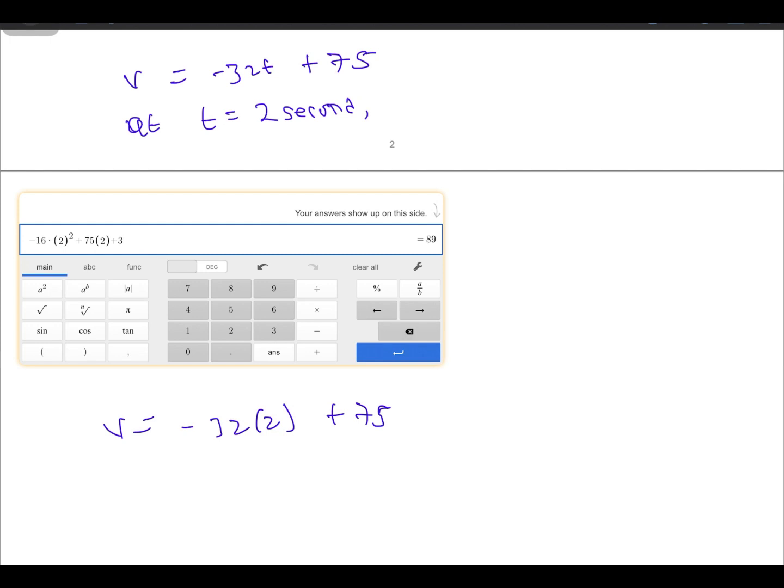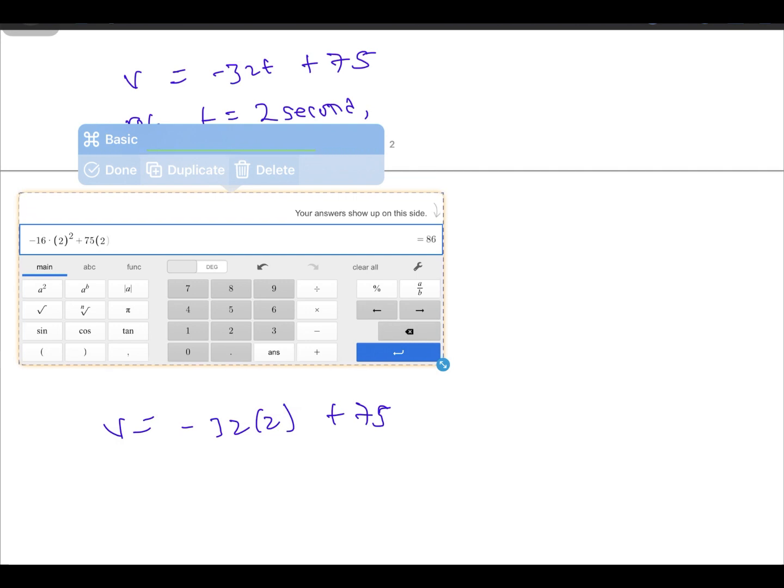So let's go back to our calculator again and see how we can type it here. My calculator is not giving me.